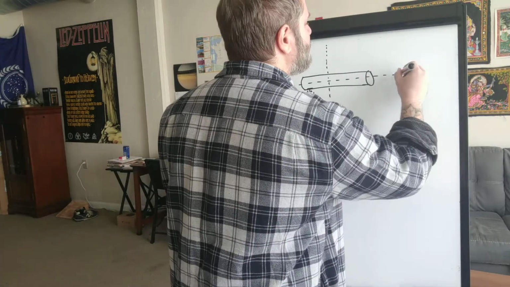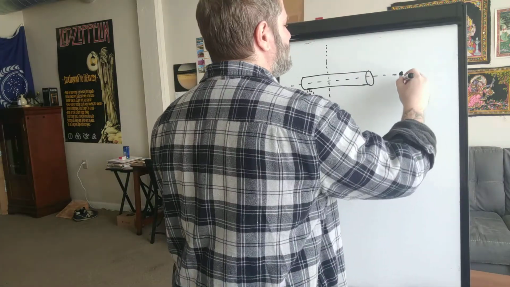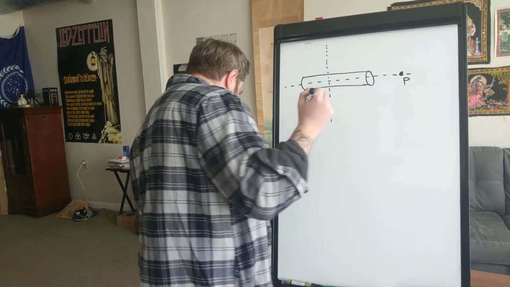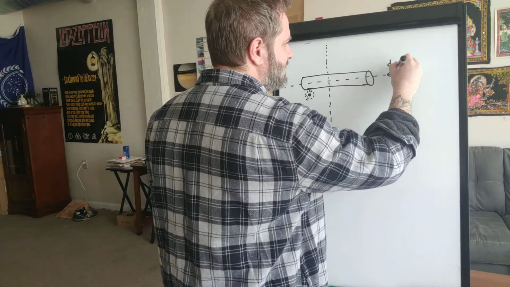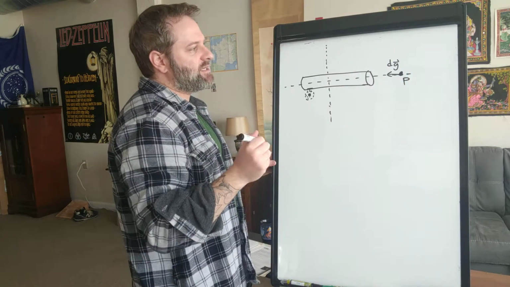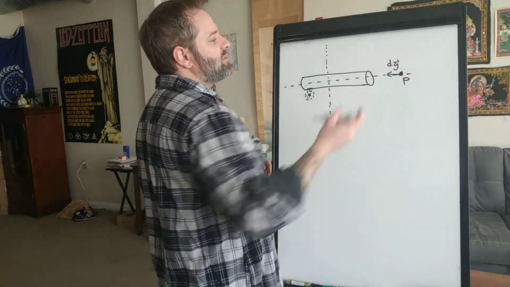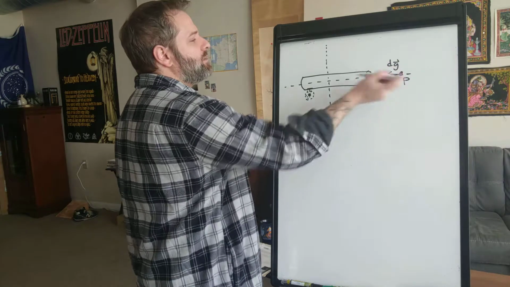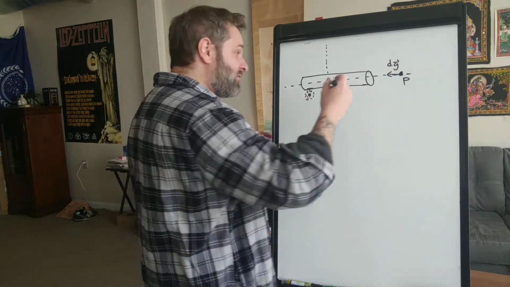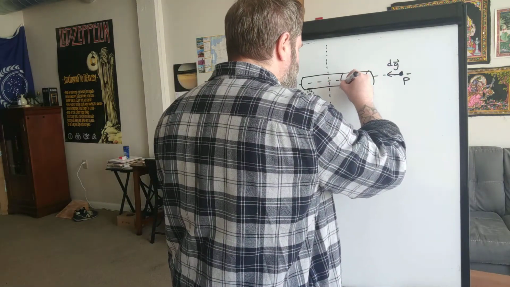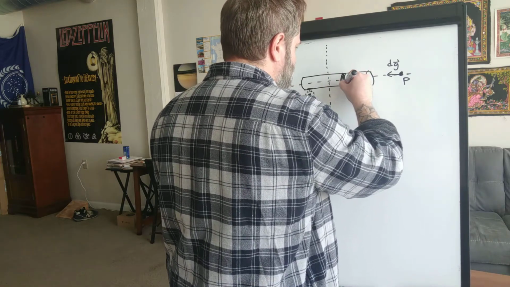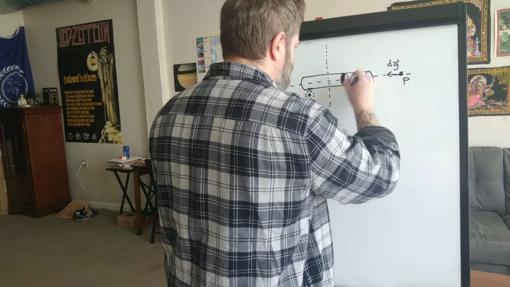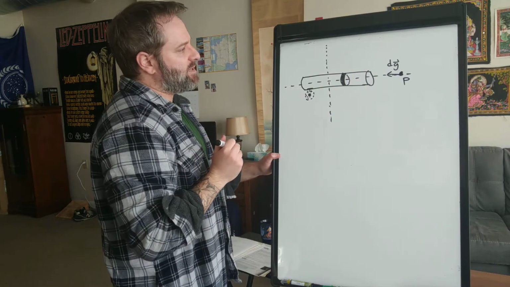So we've got our little test mass here, so we're going to call that P. And this is going to feel some infinitesimal gravitational field, some infinitesimal gravitational acceleration pushing in this direction from a little infinitesimal slice of this alien spaceship.